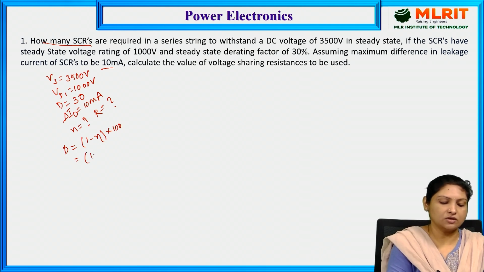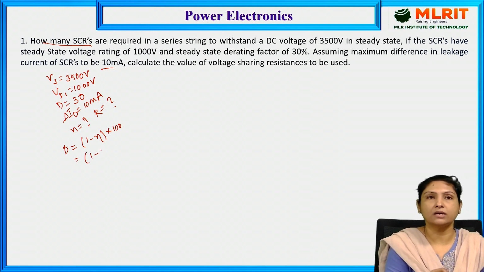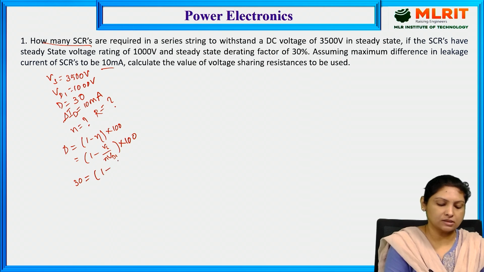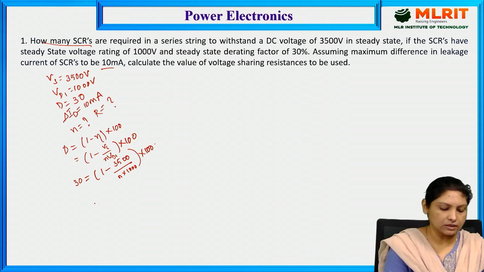String efficiency, we have already seen the formula: string efficiency is given by Vs by N into VD1, into 100. The percentage derating factor is 30, so 30 equals 1 minus 3500 volts divided by N, which we need to find out, into 1000, into 100. If you resolve this equation, we get N is equal to 5.